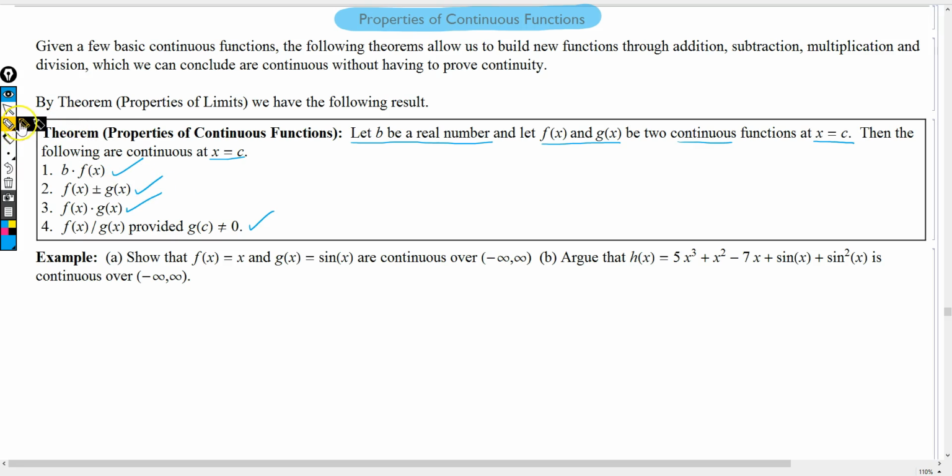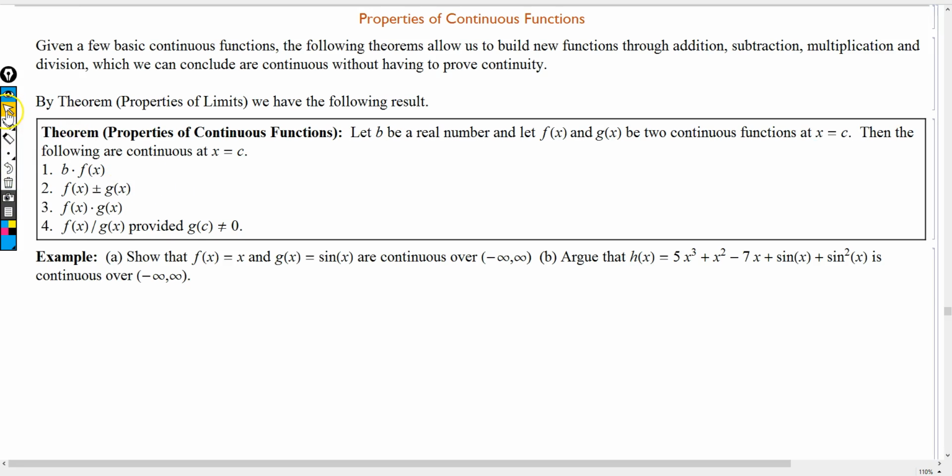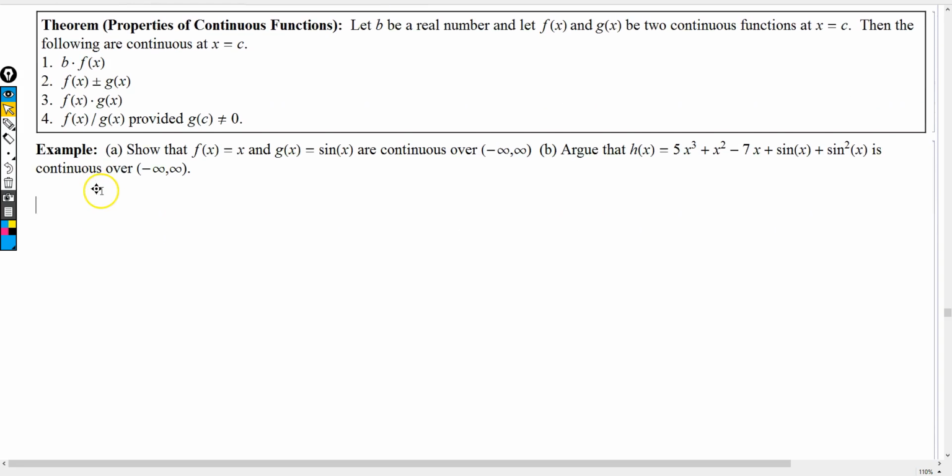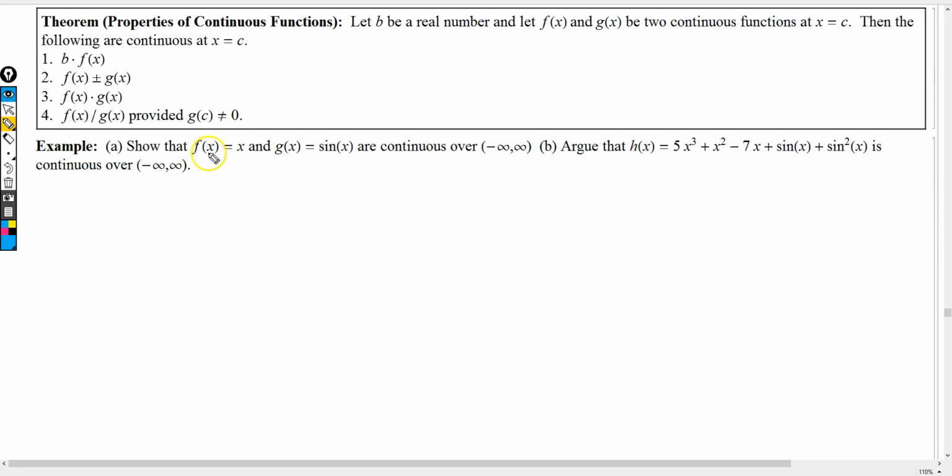So let's start with this example. We want to show that f of x equals x and g of x equals sine x are continuous over all the real numbers, and then we want to argue that this function, which is built from x and sine x, is also continuous over all the real numbers.